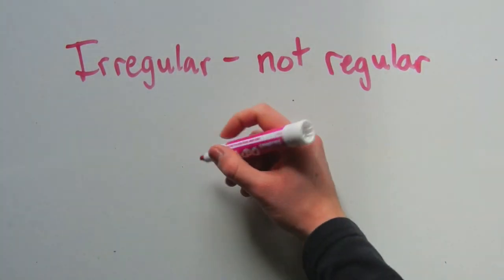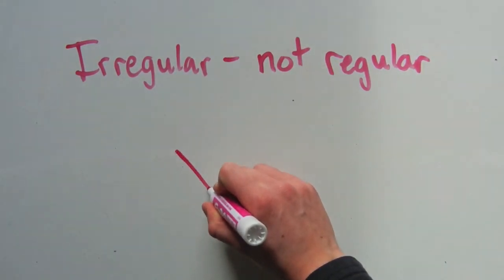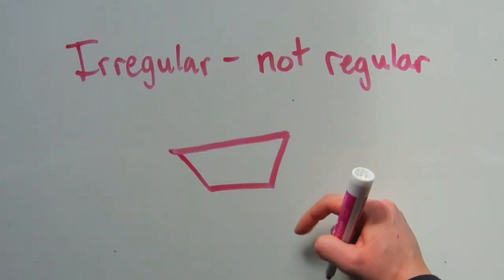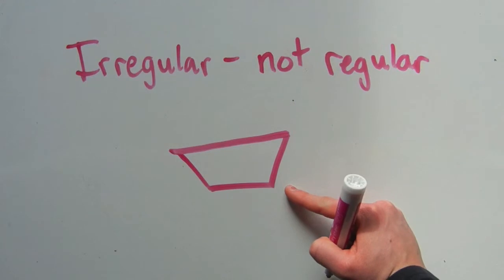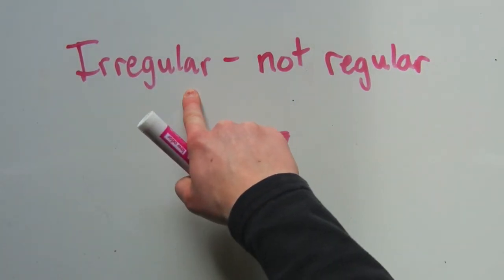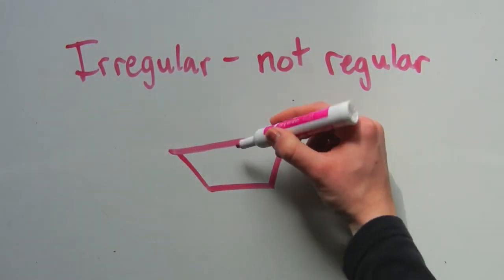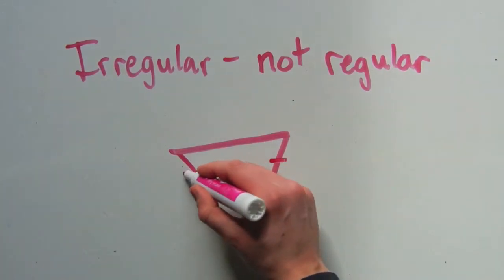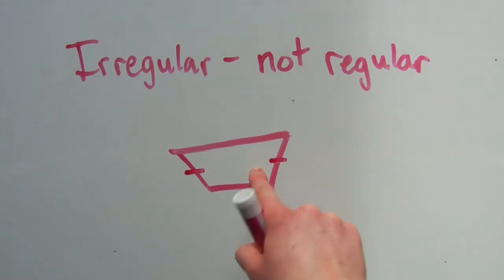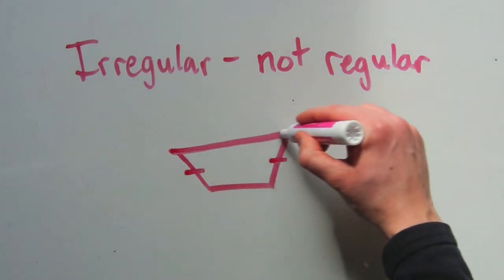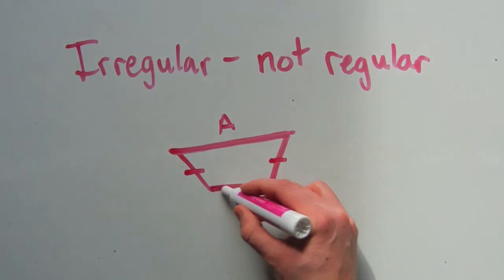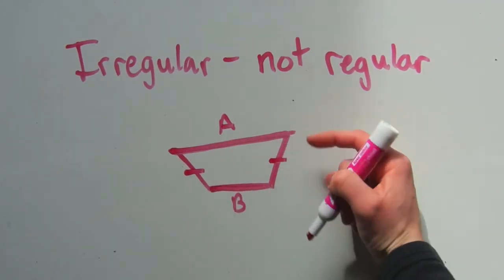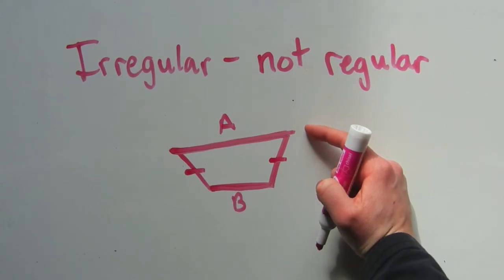So let's say that we do have a convex polygon. This is a convex polygon, but it's still irregular because this side is much longer than this side. So although these two sides are congruent and the same length, this side on the top, side A, is not congruent to side B. Therefore, this polygon is not regular.